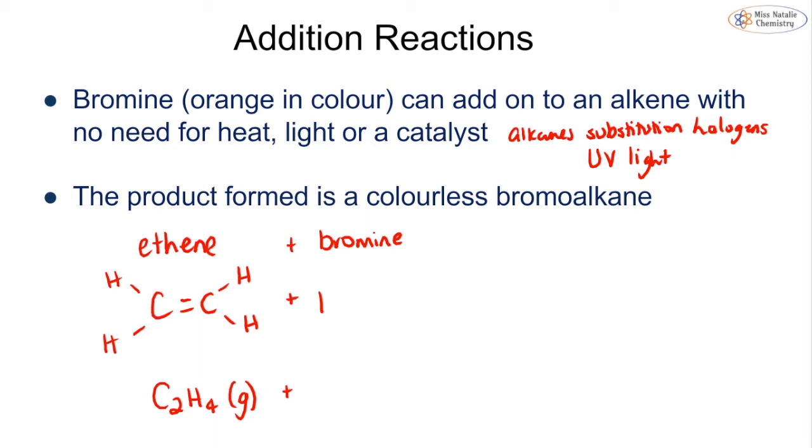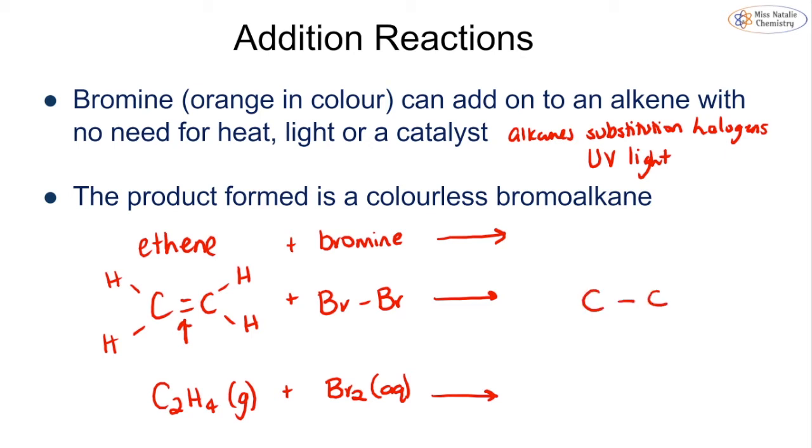And when we react it with bromine, remember bromine is diatomic, so it is 2 bromine atoms joined together, that is Br2, and we use an aqueous form of it, known usually as bromine water. And this will then react. So what happens is this double bond here breaks and converts into a single bond.